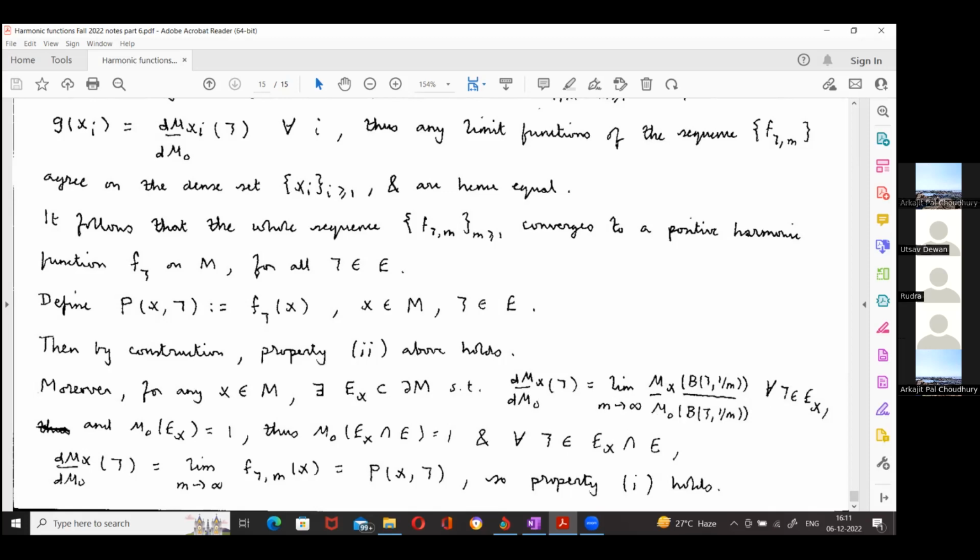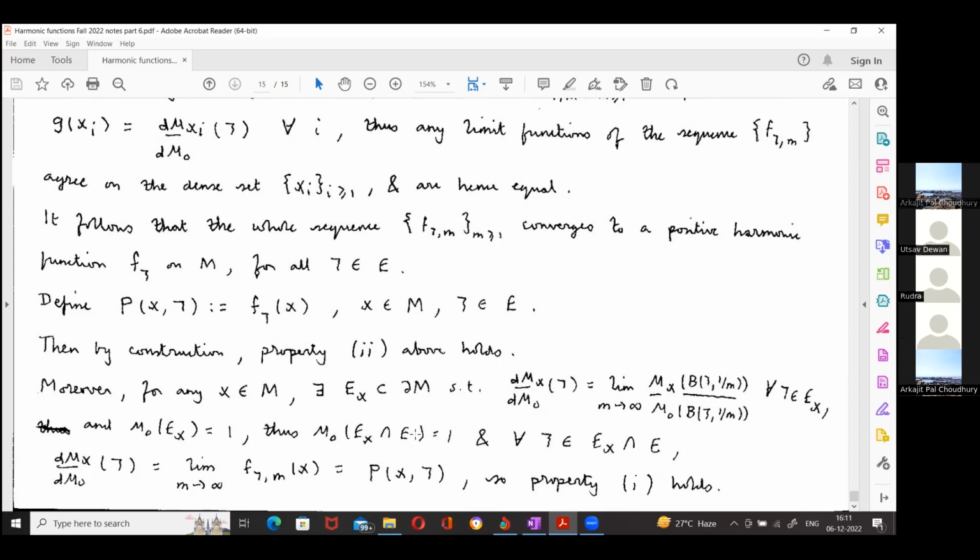This is true for all xi in E sub x, and the measure mu naught of E sub x is 1. Then I can look at the intersection, E sub x intersect E. So this also has measure 1.